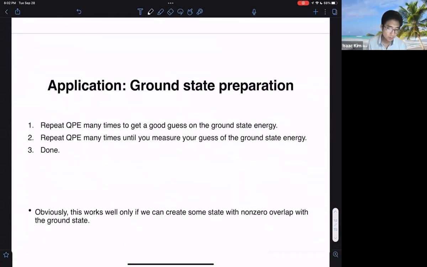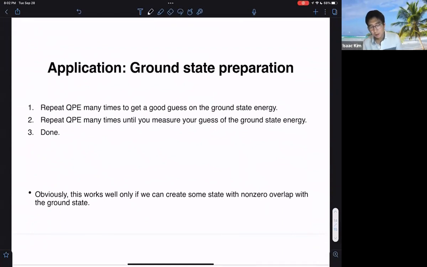An obvious application of this would be ground state preparation. You repeat QPE many times to get a good estimate of the ground state energy, and then again apply QPE many times until you measure your guess of the ground state energy.